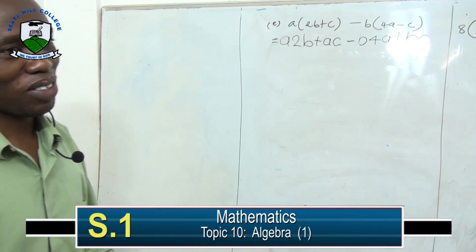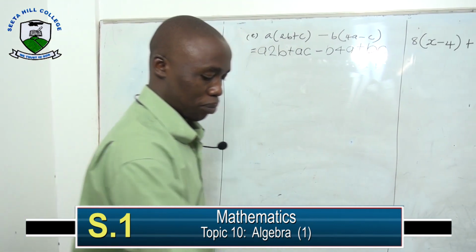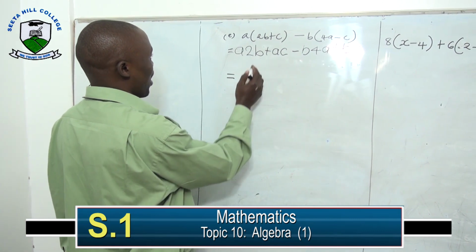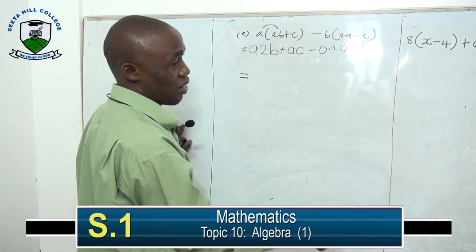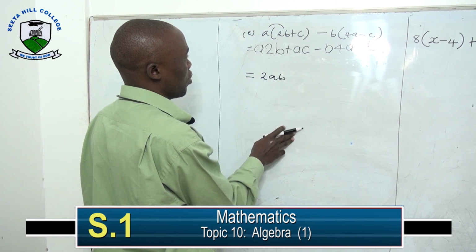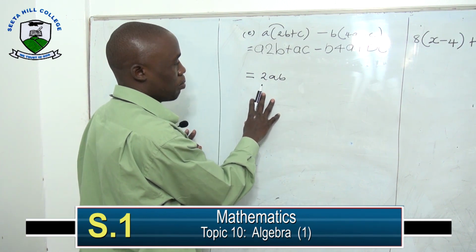Somebody wants help? Maybe to just say, when you are multiplying more than 2 letters, just arrange them alphabetically, to AB, not so? A number comes first, not so? Yes.